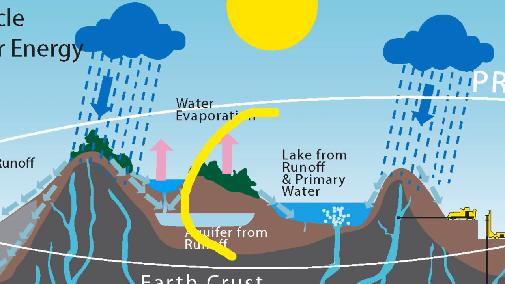Okay. So now as we work our way down into that next lake runoff and primary water, we're seeing then how primary water can influence the surface water by actually coming up from the mantle and injecting primary water into what is also being collected as a lake runoff. Okay, and then that water is commingled.